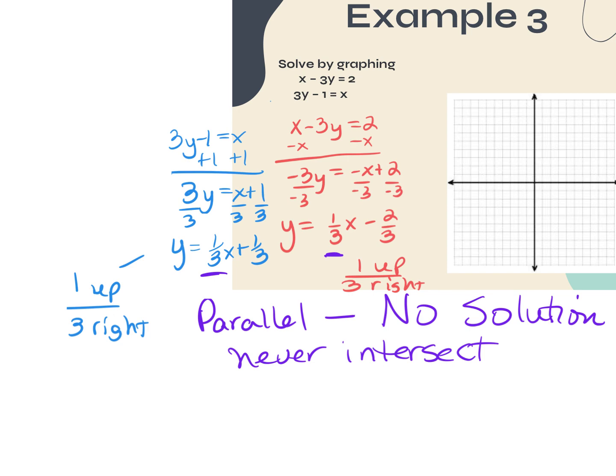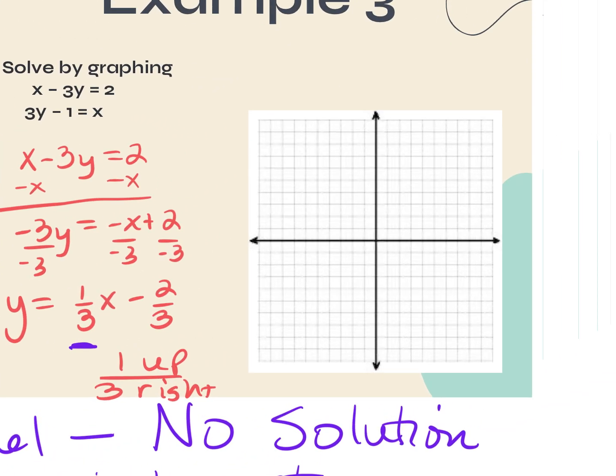But I'm starting at -2/3. Because my graph goes by ones, -2/3 could be right around here. So if I rise 1 and run 3, I'm here. So this could be my line for the first one.